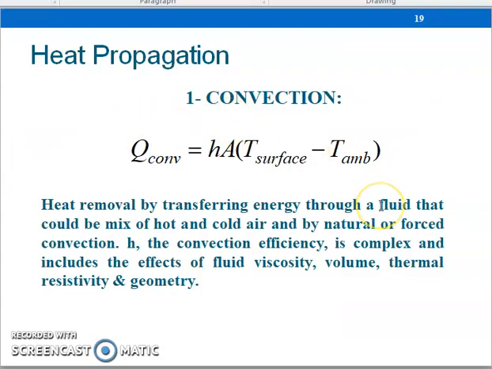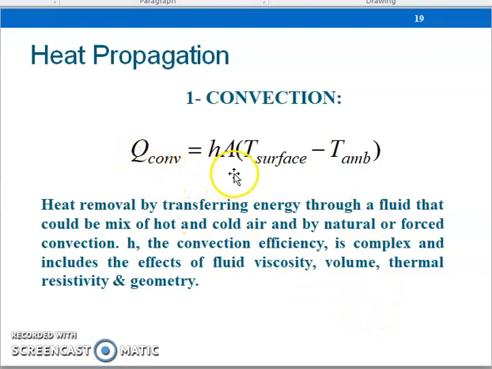In general, convection means that the heat is removed by transferring the energy through the fluid. That could be a mix of hot and cold air, and also by natural or forced convection.